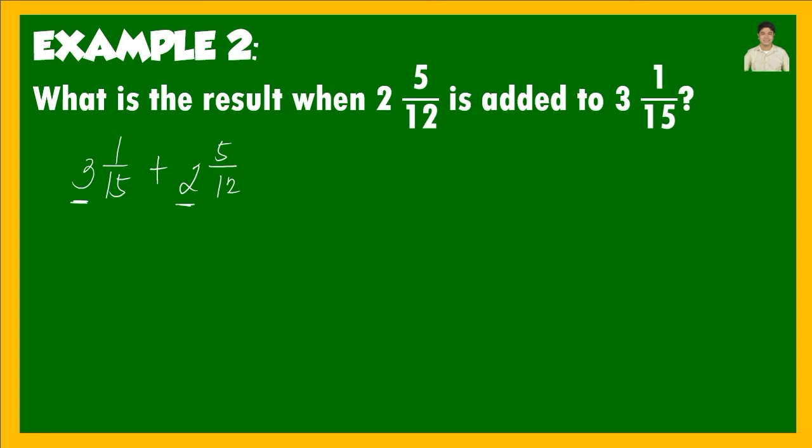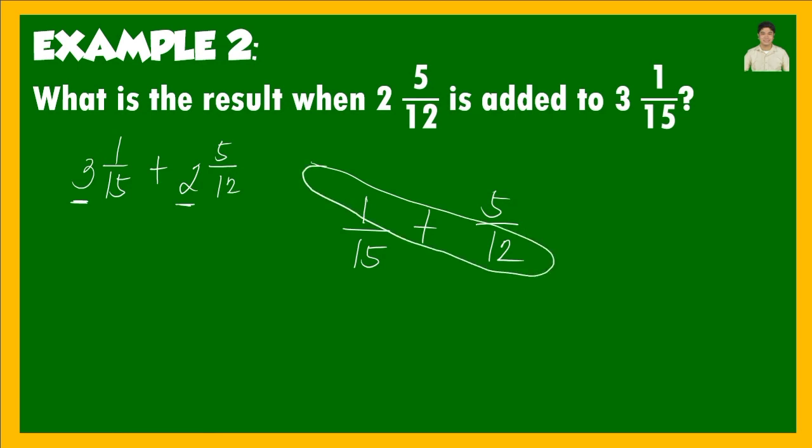Okay, so 1 over 15 plus 5 over 12. So, draw tayo ngayon. Ayan. And then, yung antenna sa ibaba. Now, 1 times 12, we have 12. 15 times 5, we have 75.